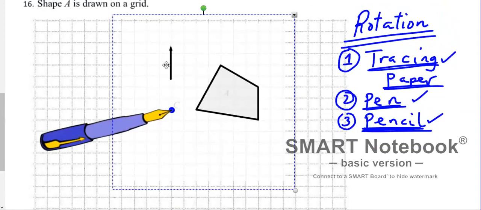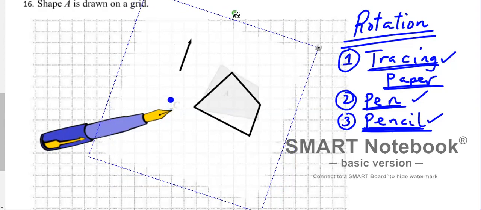How do I know that I have completed the 90 degrees turn? The 90 degrees turn is completed when this arrow will be pointing to the right-hand side. There will be your 90 degrees turn. All right, let us try to turn the shape clockwise.